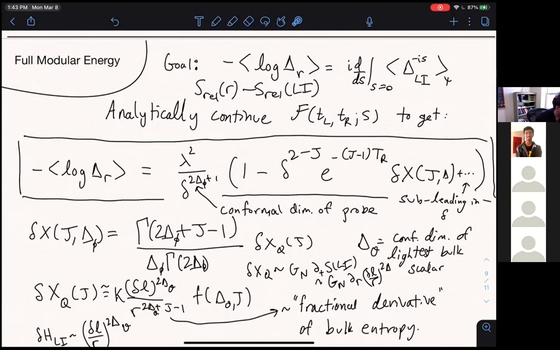Namely, let's analyze this formula when j equals 2. What you find is that this modular energy, which is the difference in the relative entropies, goes negative precisely when the excitation becomes null separated from the quantum extremal surface. You can compute this delta x here, and it goes from being positive to negative right when the excitation is crossing the quantum extremal surface.